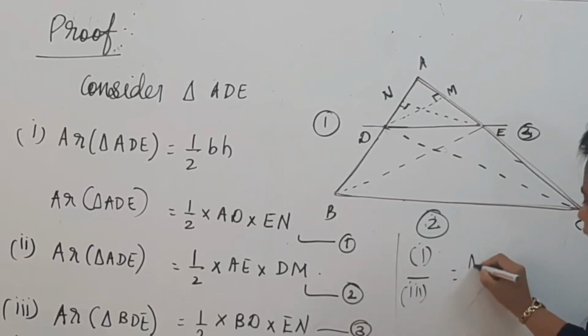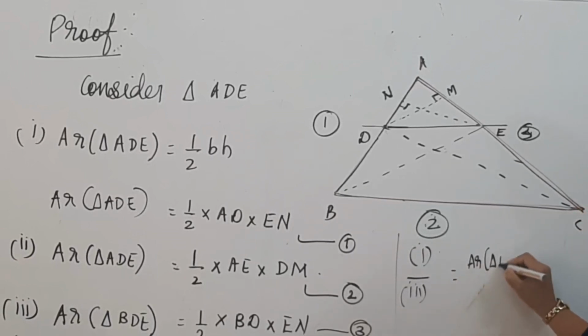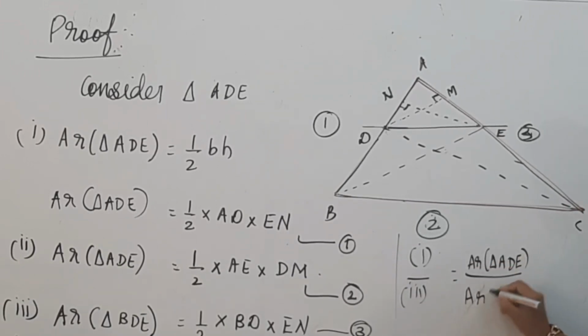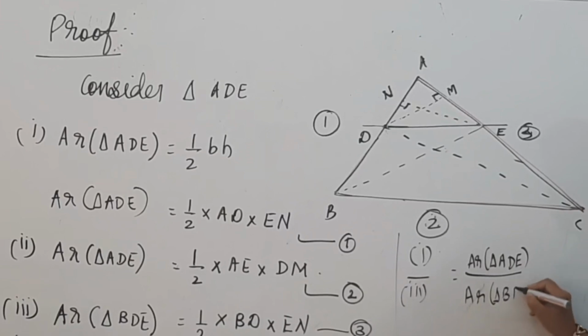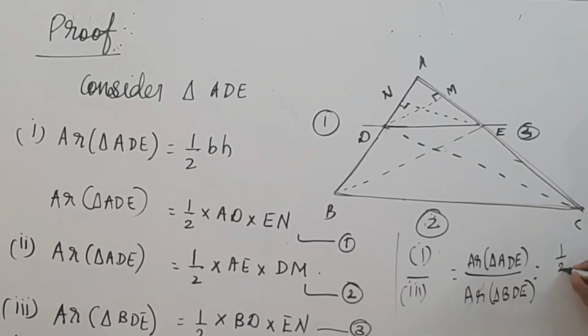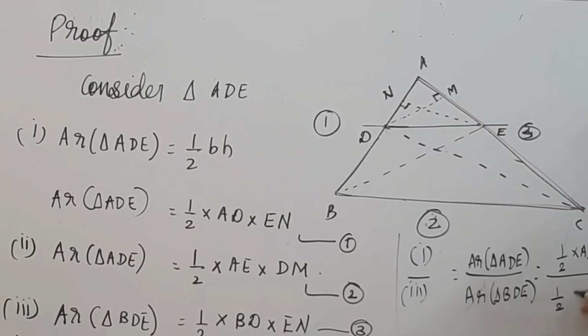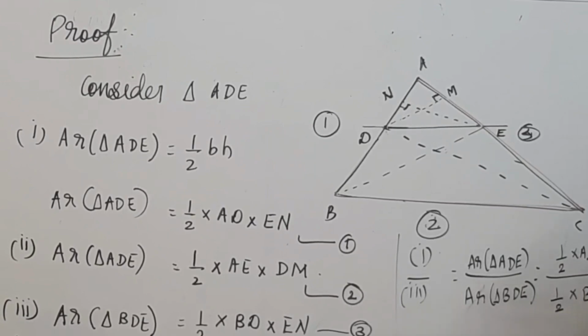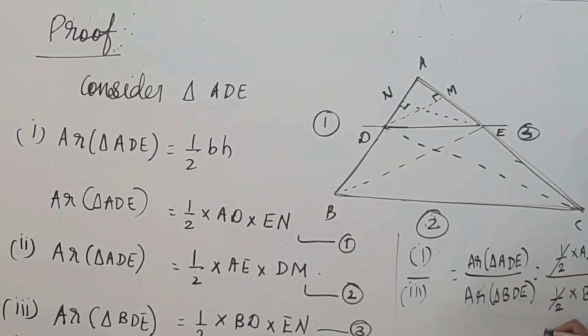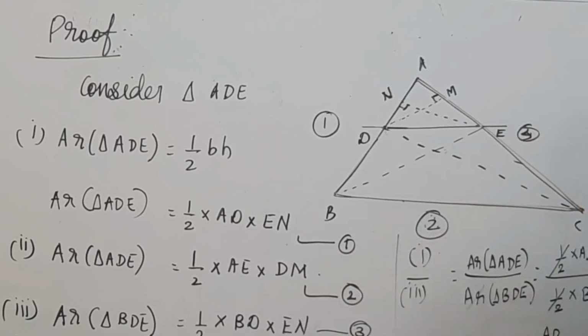That is area of triangle ADE divided by area of triangle BDE is equal to half into AD into EN divided by half into BD into EN. Hope you get the point. It gets cancelled, which is equal to AD by BD. I get one side ratio.